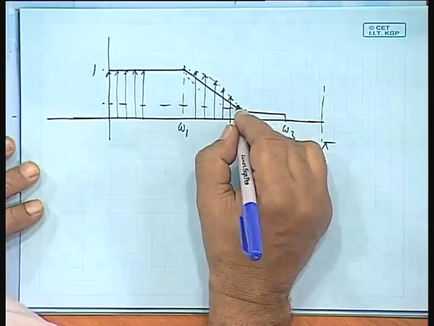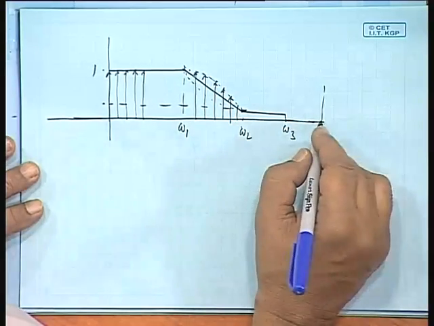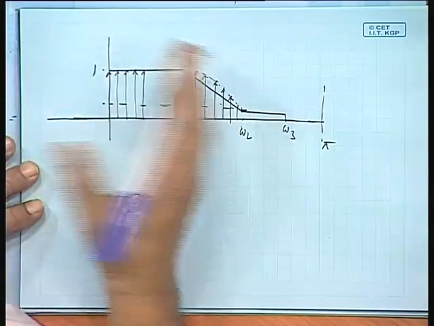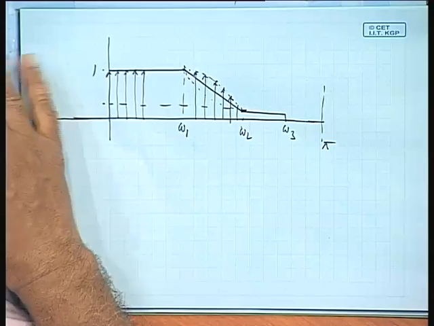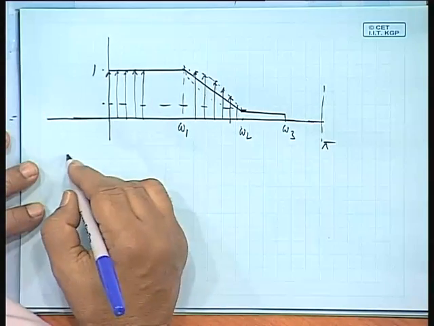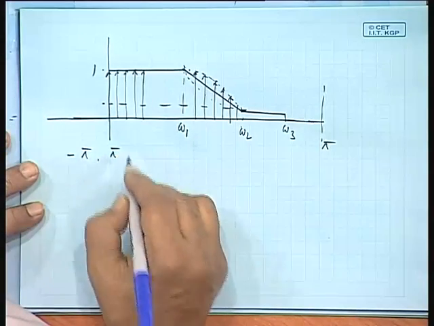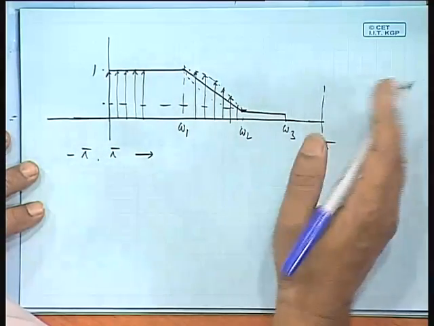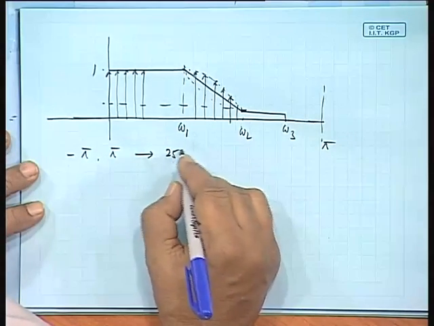Now, you scan this entire region from minus pi to plus pi into a large number of points, say 256 points.